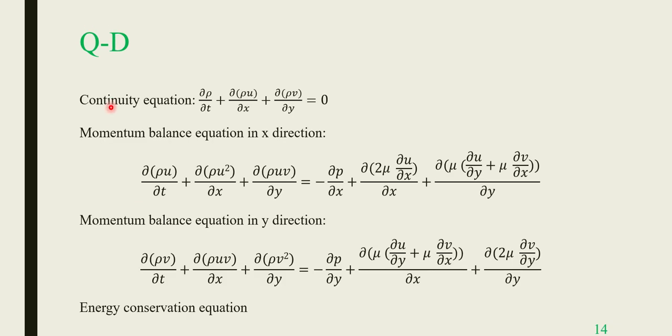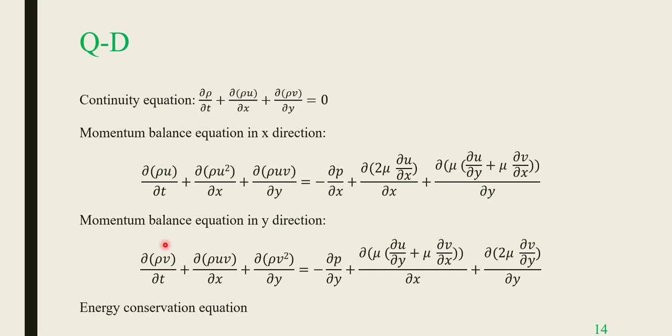Normally for compressible flows, we are dealing with the continuity equation: dou rho by dou t plus dou by dou x of rho u plus dou by dou y of rho v is equal to 0. Momentum balance in the x direction is given by dou by dou t of rho u plus dou by dou x of rho u square plus dou by dou y of rho u v is equal to minus dou p by dou x and all the other terms. In a similar manner, we solve for momentum balance in the y direction, and the energy conservation equation also.